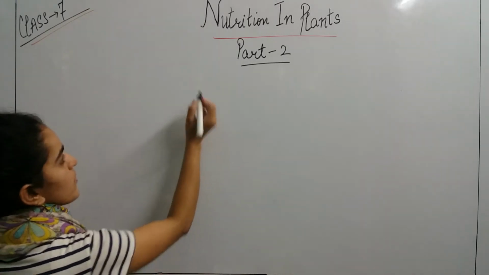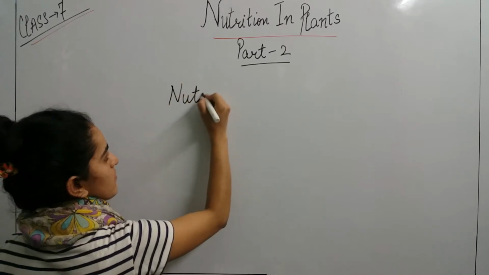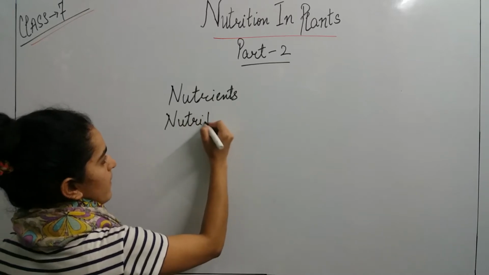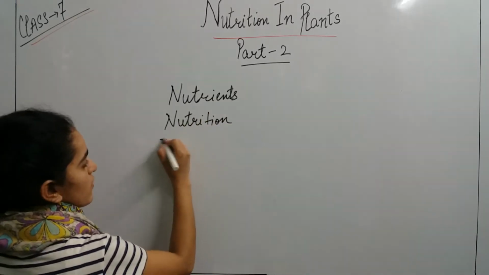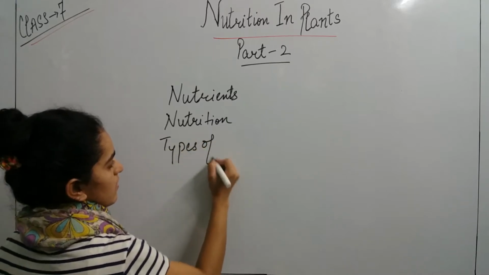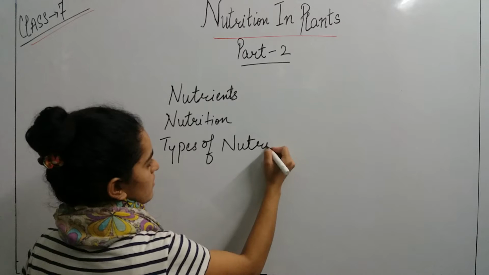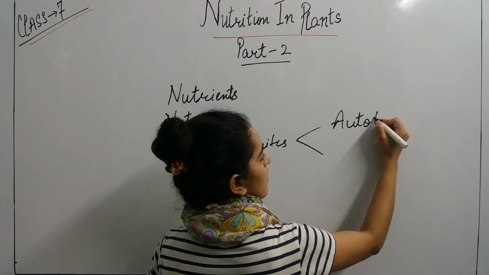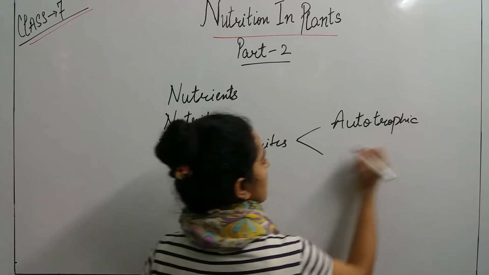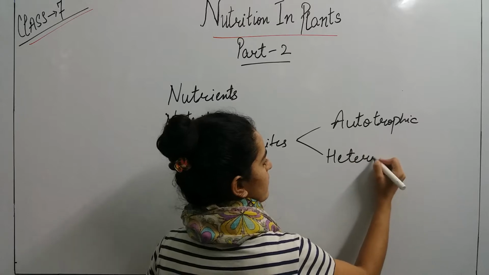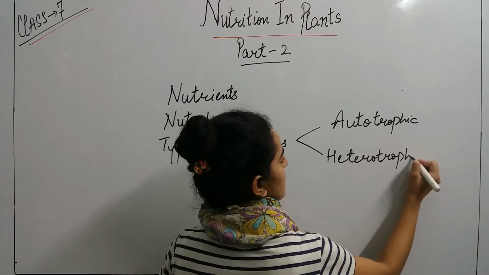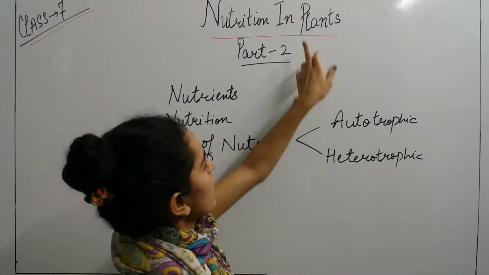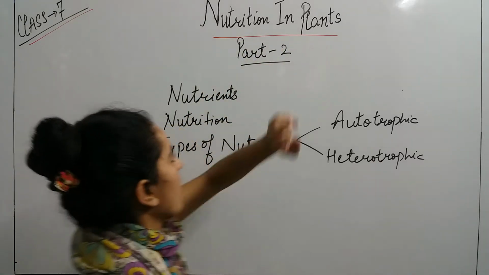We studied about nutrients, nutrition, types of nutrition, those are autotrophic and heterotrophic. These are the types of nutrition we studied in part 1. So this is the second part of the same chapter, that is nutrition in plants.